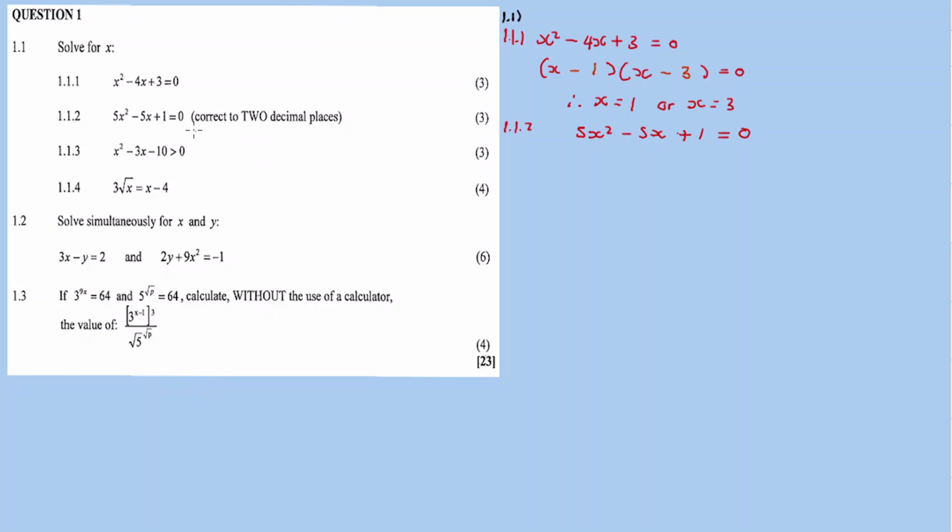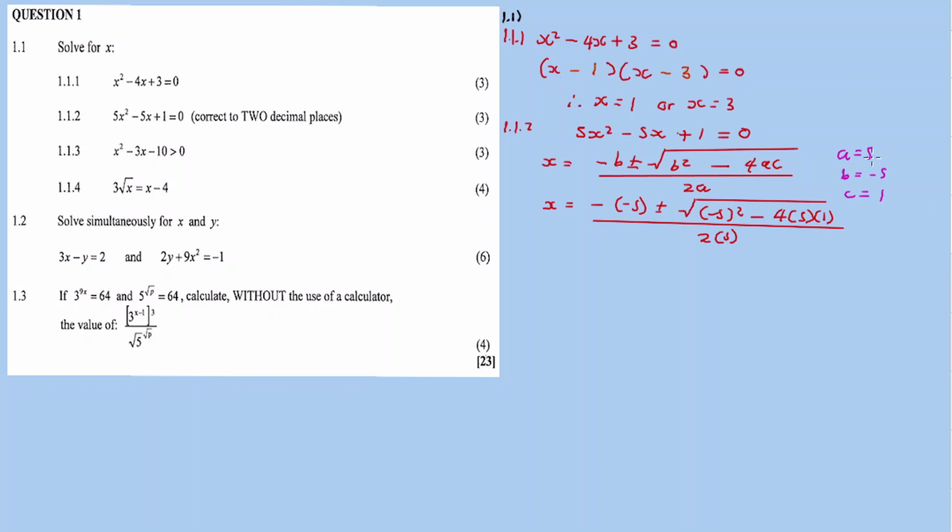Since it's irrational, that's why they say correct to 2 decimal places, so you must use the quadratic formula. For the quadratic formula we need a, b and c, then we substitute. So a is 5, b is negative 5, and c is 1. Then we substitute and calculate.